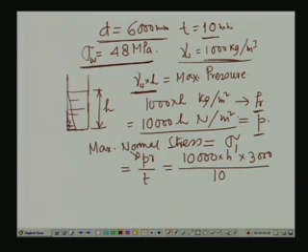This is the magnitude of the stress, and the maximum normal stress is limited to 48 MPa, because it cannot go beyond that, otherwise the tank will fail.